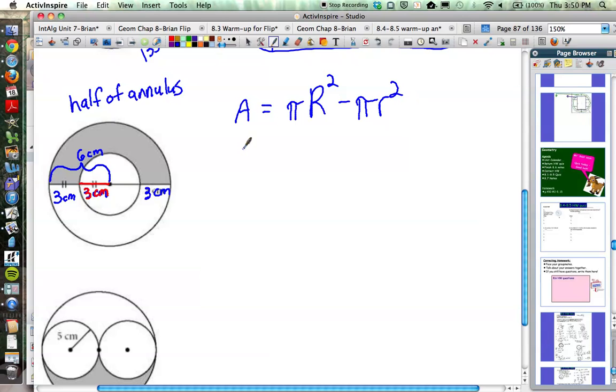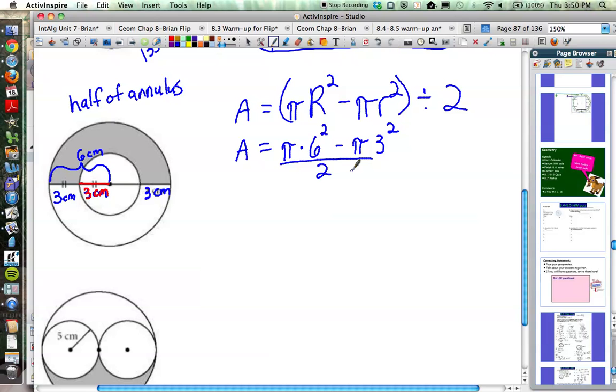So area is equal to pi times the large radius, which is 6, so pi 6 squared minus pi times 3 squared. And remember, we're going to divide this by 2 at the end because it is half of an annulus. So let's just keep that in mind as we go through this problem.